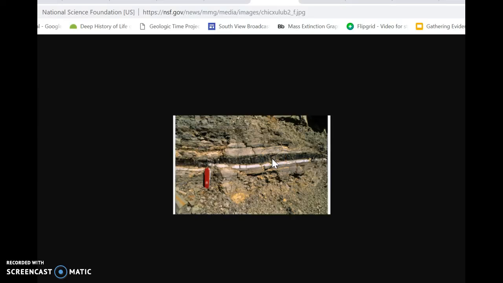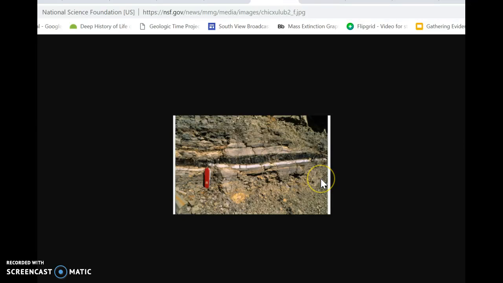So what's important and what number one says is that underneath this boundary, all of these rock layers are a different time period than everything above. This boundary is an important marker in Earth's history, and we're going to learn more about that.